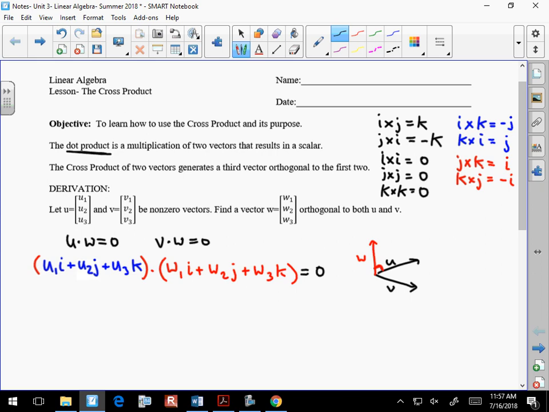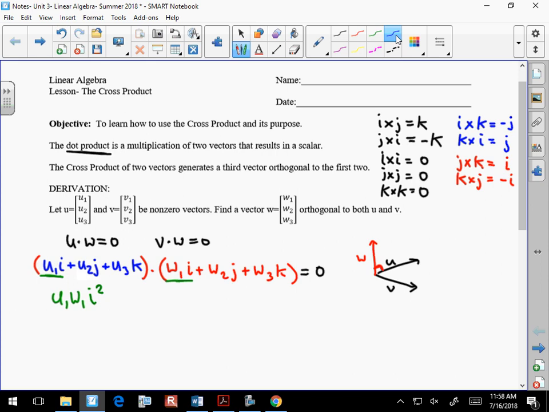All right, so we're dotting these together. So this multiplied by that, u1 w1, I'll write it as i squared. But remember, it's not a magnitude.